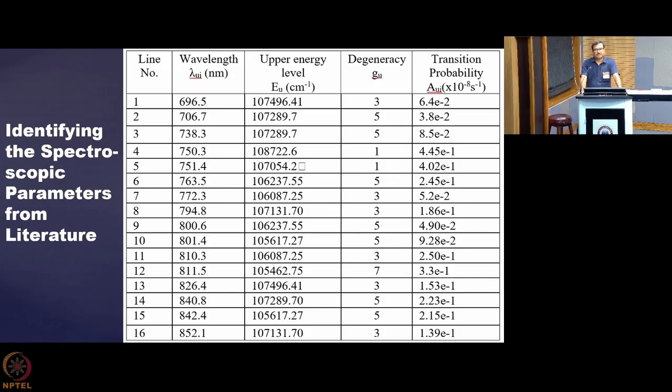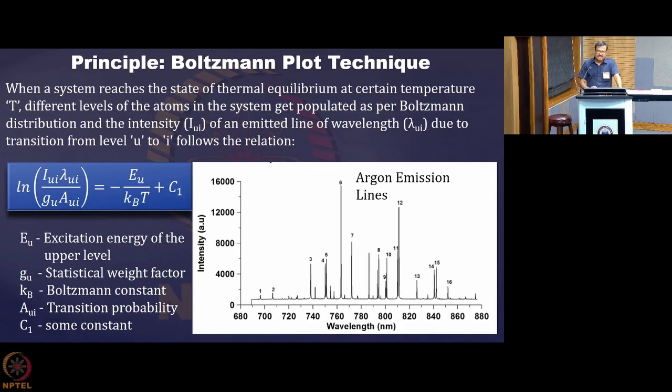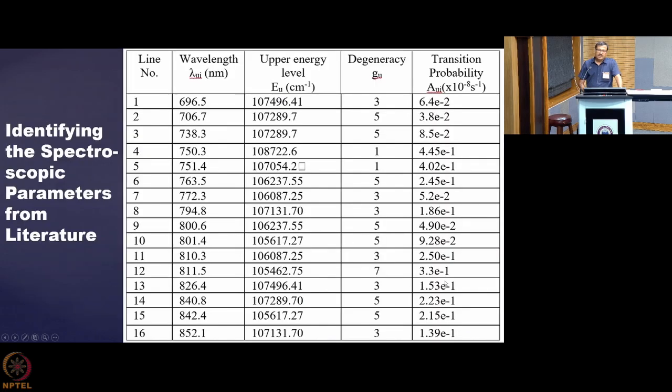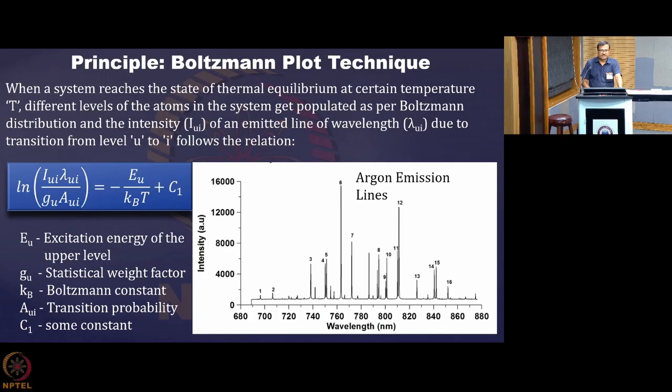I have just now tabulated all the 16 lines that you have marked here, with their necessary parameters. For example, the first line is at 695.6 nanometer.